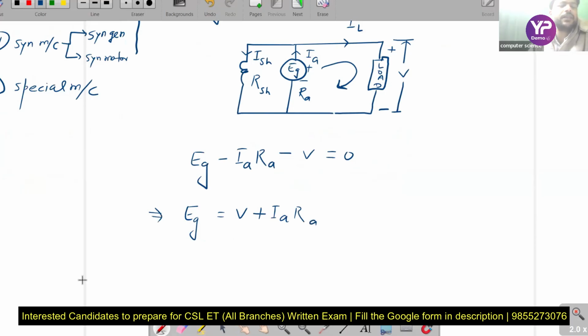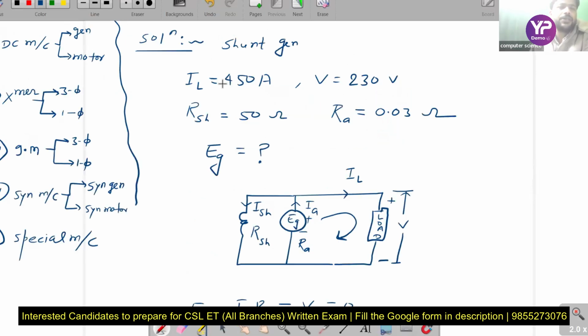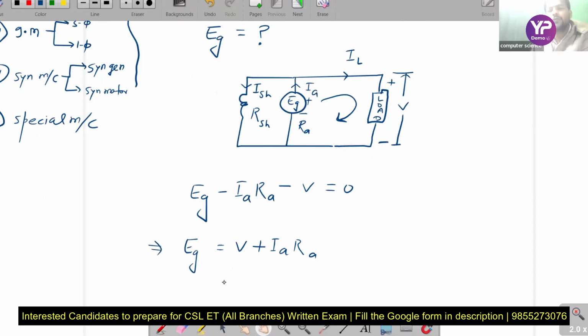Here we need voltage, armature current and armature resistance to find the generated EMF. In this question, the values given are terminal voltage, load current, armature resistance and shunt field resistance, but armature current is not given. So first we need to find the armature current.